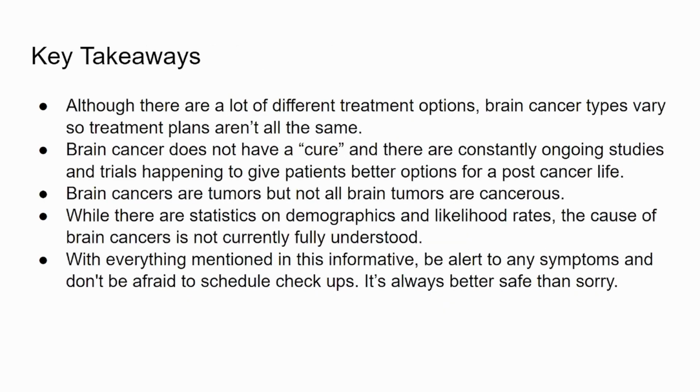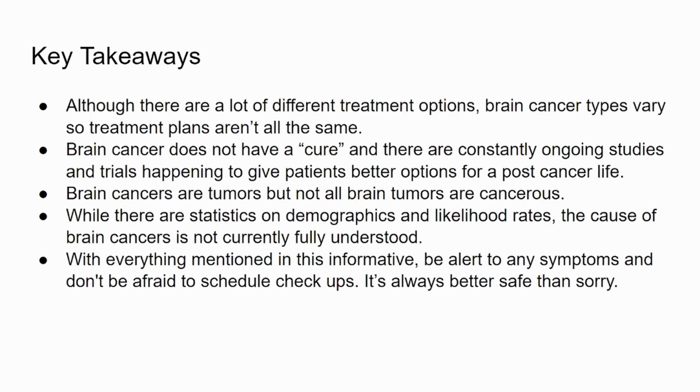They've got some key takeaways here that I want to go over just to emphasize the important parts of what we covered thus far. Although there are a lot of different treatment options, brain cancer types vary, so treatment plans aren't always going to be the same. It's not going to be copy and paste for every person.